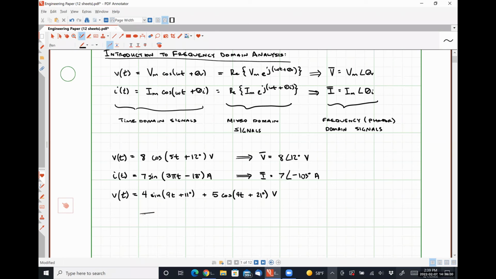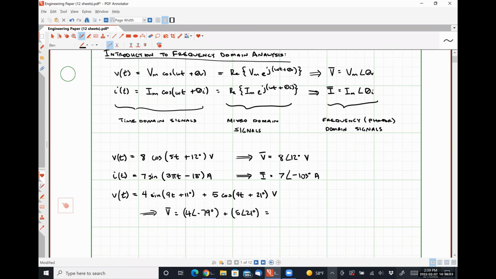So this would look like 4 angle, so 11 minus 90 is negative 79 degrees, plus 5 angle 21 degrees.